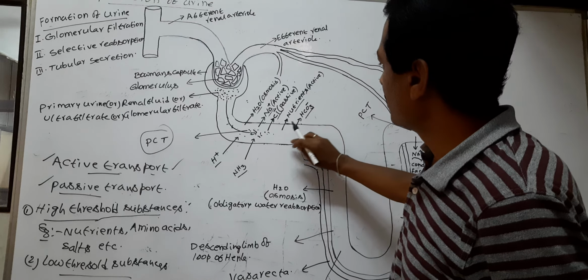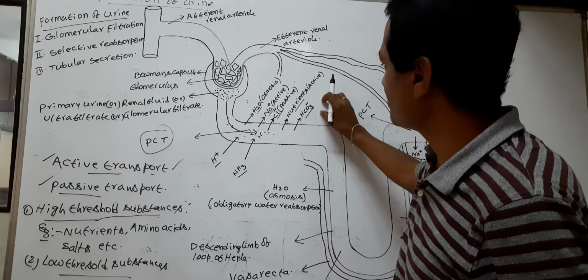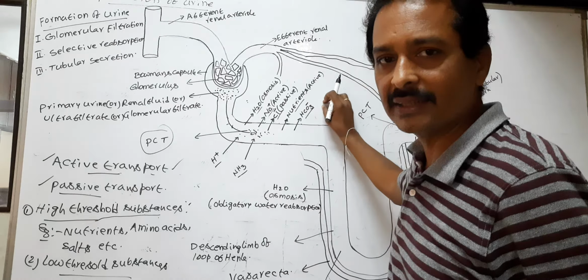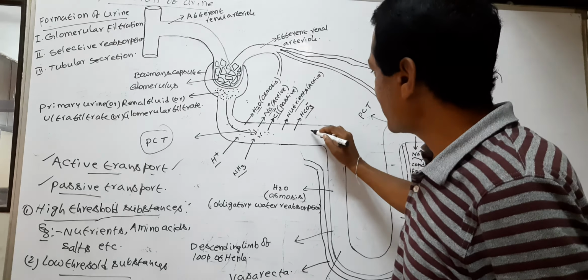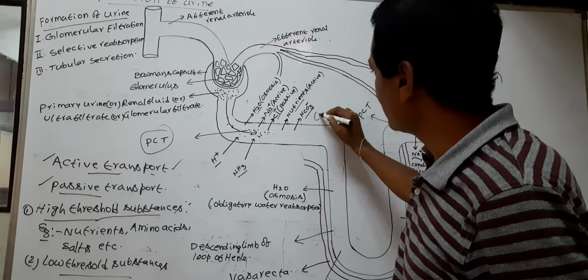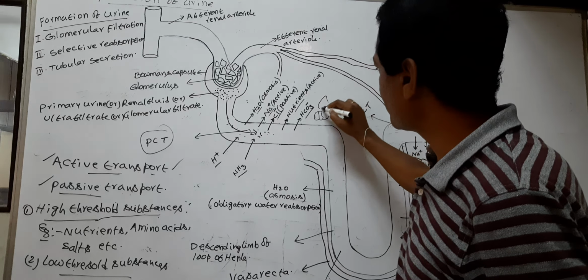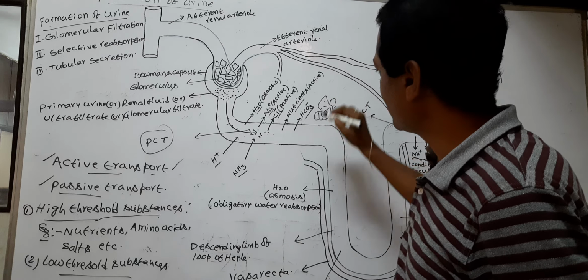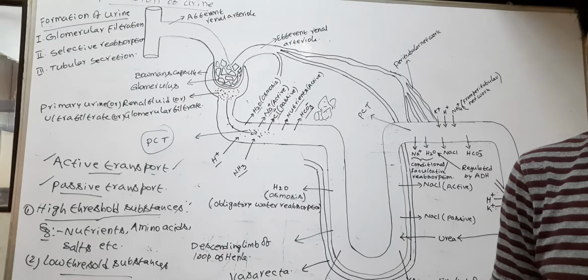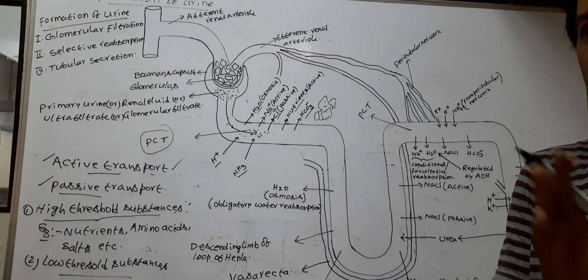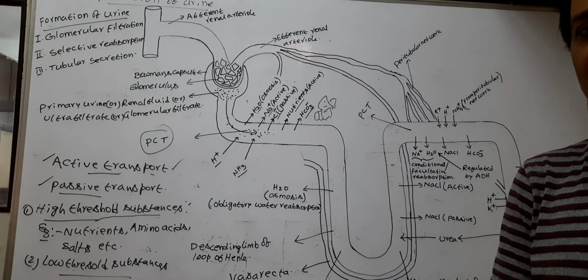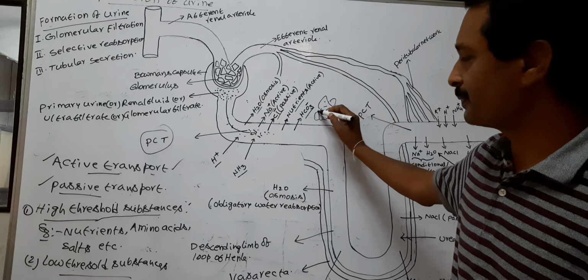The PCT is situated in the cortex of the kidney. Outside of the PCT, a connective tissue is present. Between the cells of connective tissue, some spaces are present. These are called interstitial spaces.